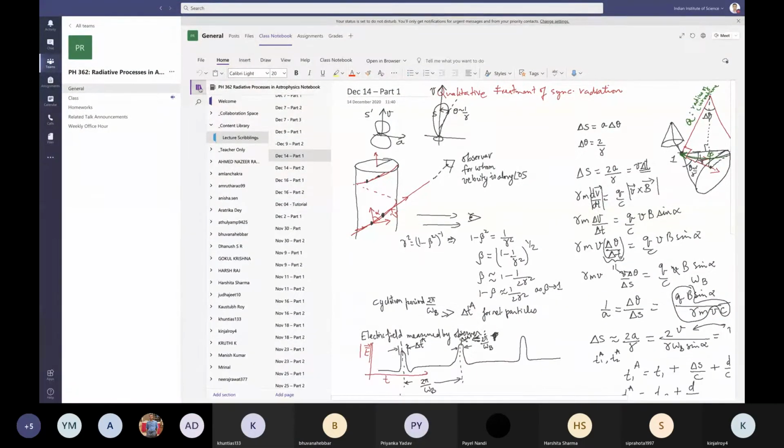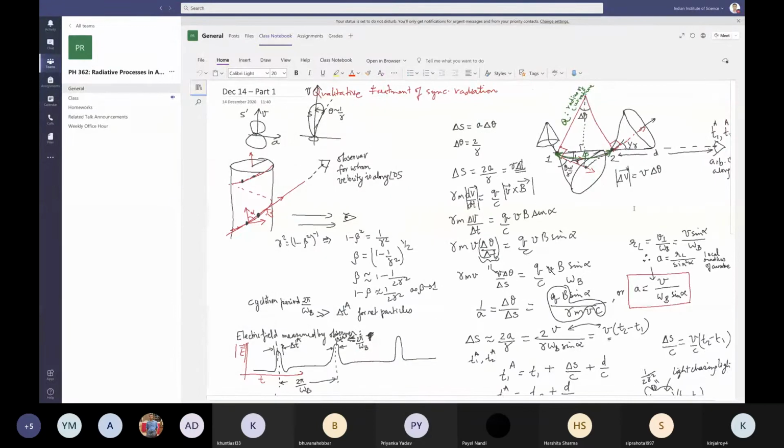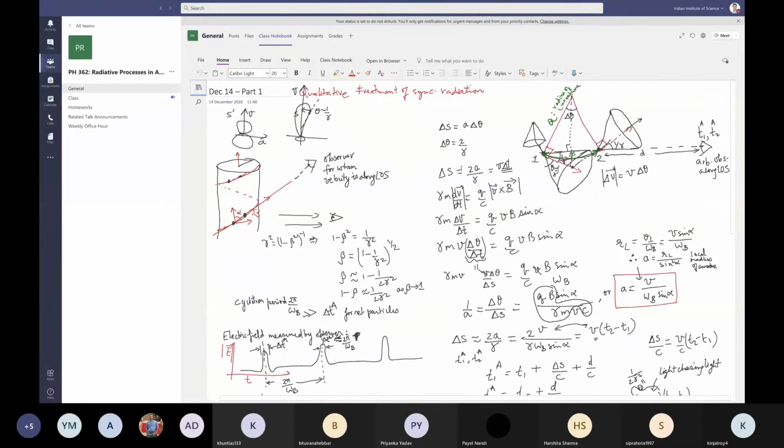So again, just to remind you that we are doing synchrotron radiation, and we talked about a less mathematical but qualitative picture in which we invoke the effect that if you have relativistic particles, there is a forward beaming along the direction of the velocity of most of the radiation.